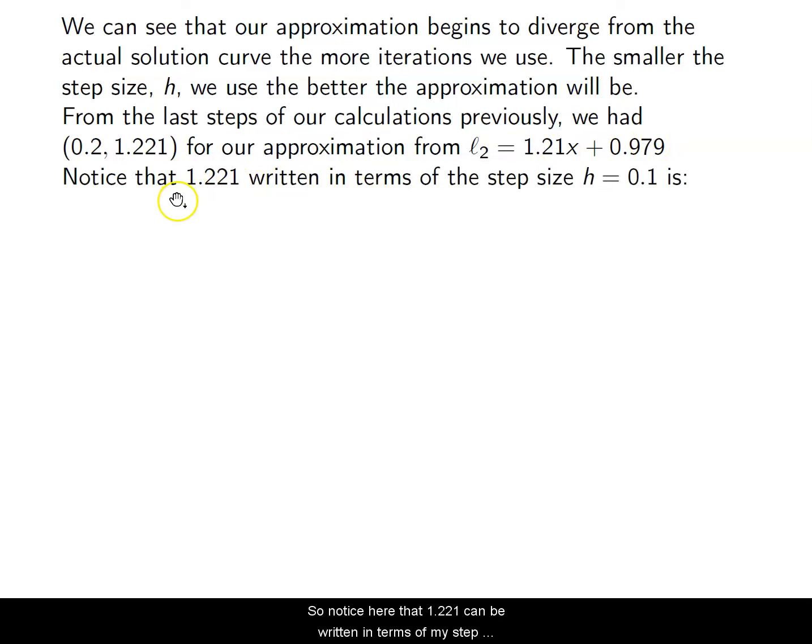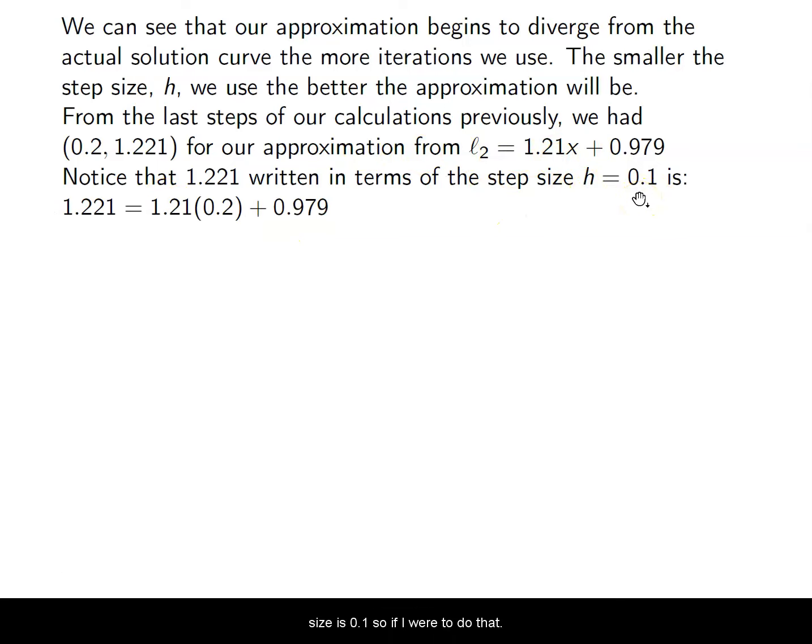Okay. So notice here that 1.221 can be written in terms of my step size, 0.1. So if I were to do that, notice that my output is me plugging in 0.2 into my linear approximation, right? So when I plugged in 0.2, that's how I got out 1.221, okay?